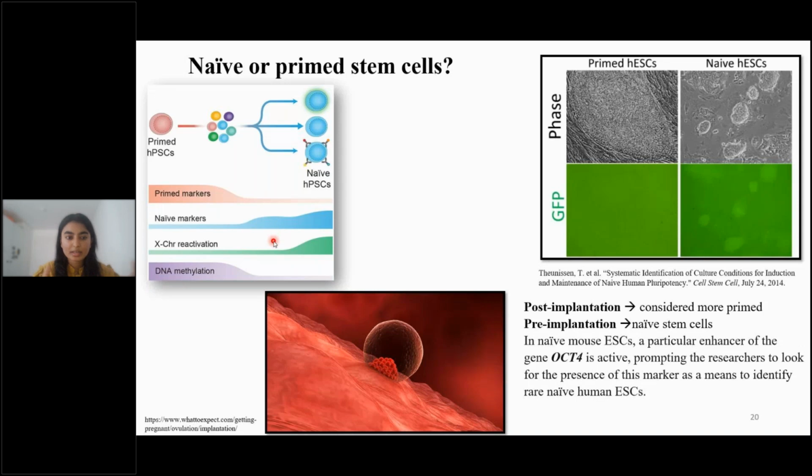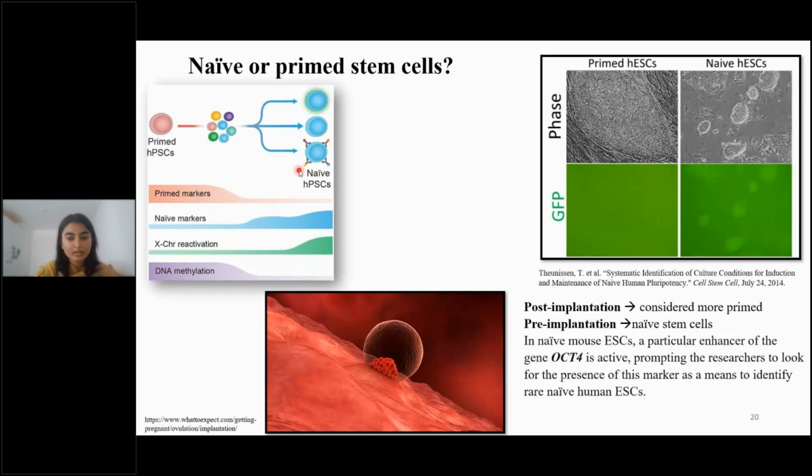So what does our body do? Human females should always have one chromosome which is shut off. So when primed human stem cells are getting back to the naive stage, the X chromosome reactivates. One X chromosome was shut off, so it starts to reactivate now, because naive is the early stage.